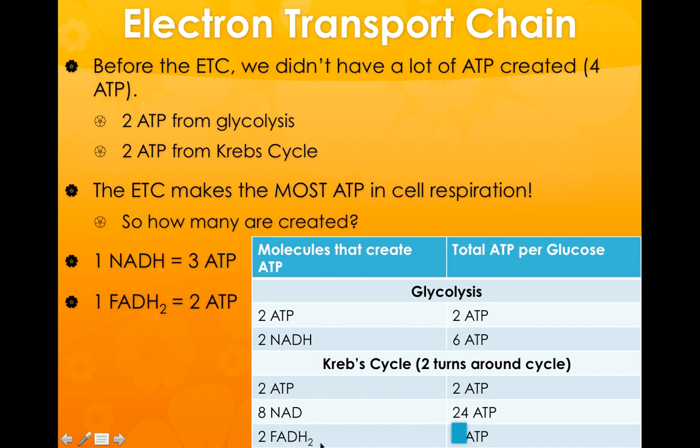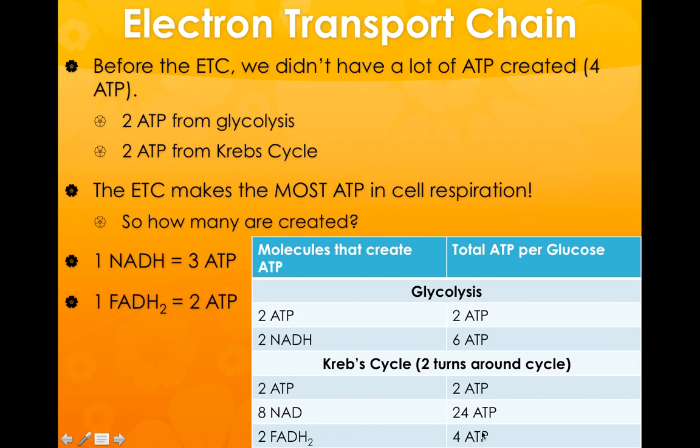Now finally, when FADH2 comes down and drops off electrons in the electron transport chain, it can actually make only 2 ATP. And the reason for this is because it drops its electrons off later in the ETC than NADH does. But the 2 FADH2 that are created here, we have to multiply this by 2 to get the total number of ATP created by the FADH2 molecules from the Krebs cycle. So that gives us 4 ATP.